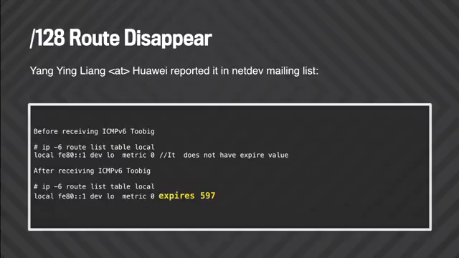What happened is he has a manually configured V6 route in the routing tree, and after the kernel received an ICMPv6 packet-too-big message, the same route suddenly has an expire value in it, and then the route disappeared after the value expired. What happened is the expire should only mean expiring the MTU instead of expiring the route, but the kernel mistakenly expired the whole route itself. So we reproduced it and we fixed it, and we also contributed back to the upstream.